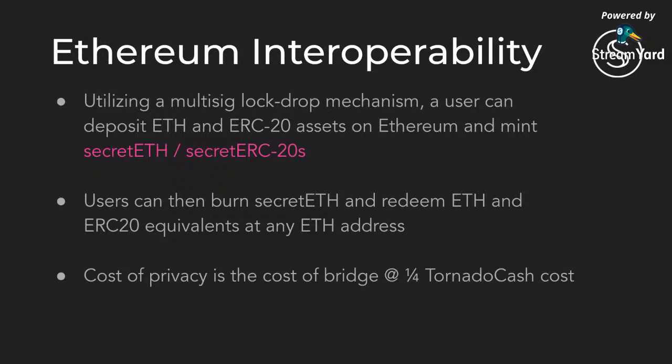So how it works is that users send their Ethereum to a smart contract on the Ethereum side. Then a secret contract on the Secret Network side mints a token we call secret ETH.